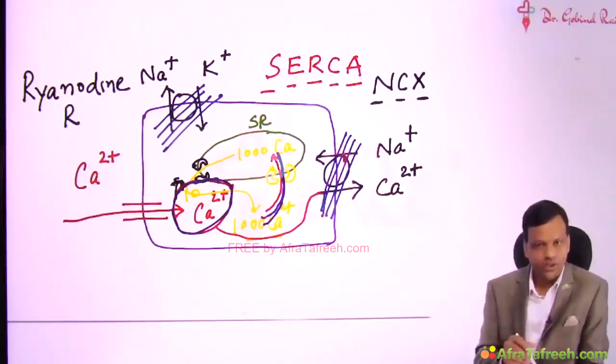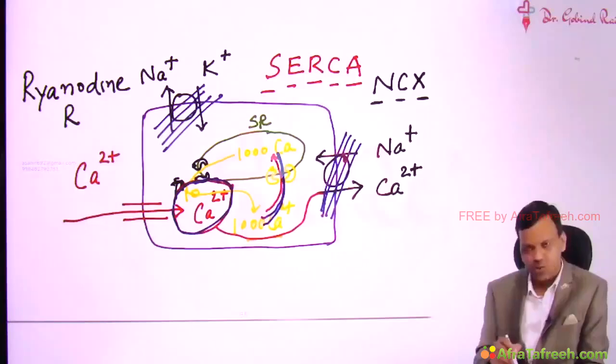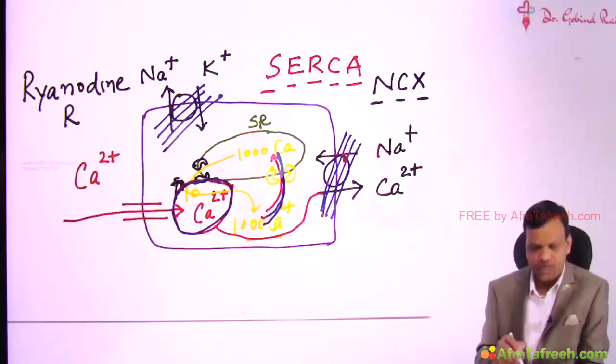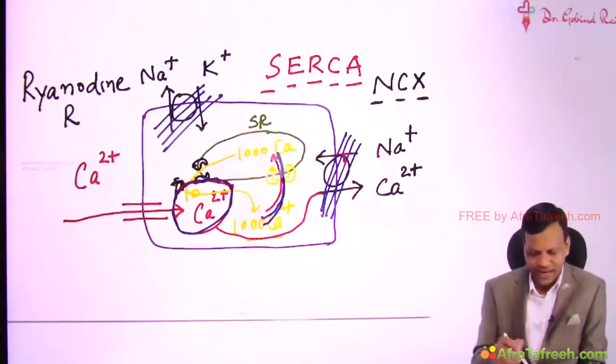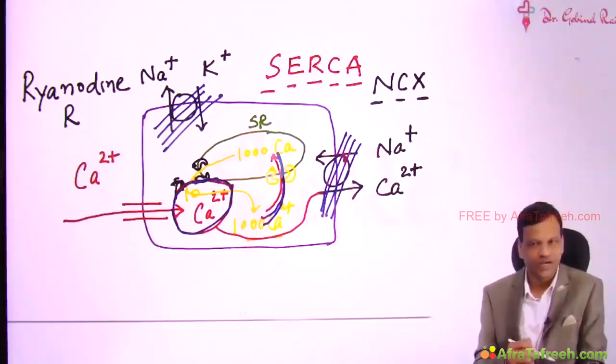So digoxin inhibits sodium potassium pump, that leads to increase in intracellular sodium. As sodium is more inside, NCX stops working. So when NCX is not working, calcium cannot go out. So that calcium which has to go out will now start going inside the endoplasmic reticulum. But will you expect that just 10 extra molecules in the endoplasmic reticulum will increase the contractility significantly?